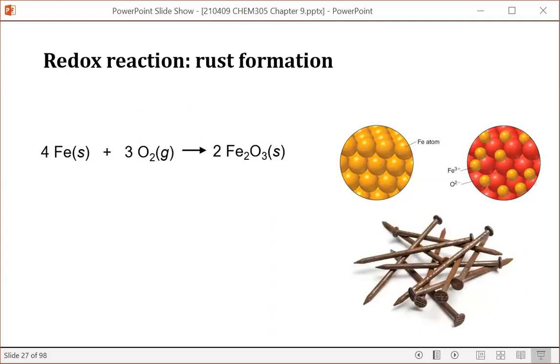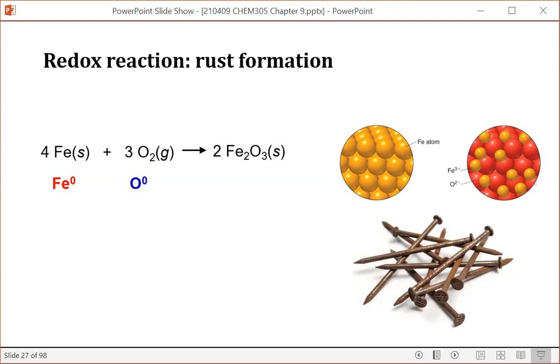So let's take an example of rust formation. If you've had rusty nails or a wrought iron fence that rusts over time, what's happening is an oxidation process where solid iron is reacting with oxygen from the air to make iron(III) oxide, Fe2O3. So if we assign oxidation numbers in this reaction, iron solid is elemental iron, so it's going to get an oxidation number of 0.